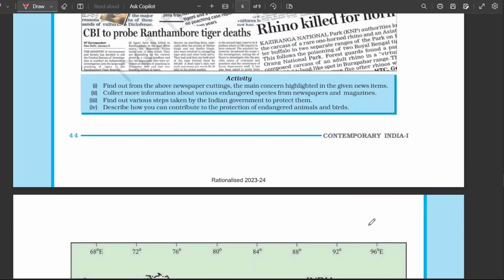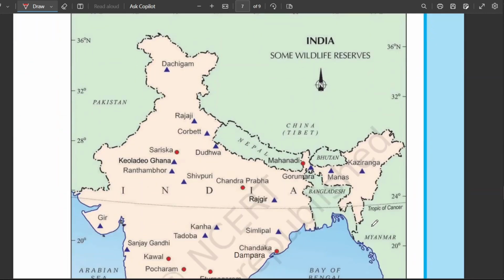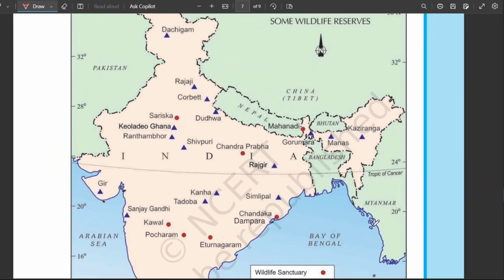Now some activity has been given, you can refer to that. Some wildlife reserves, try to update this map, or you can refer to the latest updated atlas. So wildlife reserves, you have to find out which kinds of protected areas are there in India. You will have to refer to the Wildlife Protection Act 1972, and you will find which kinds of protected areas are there in India.